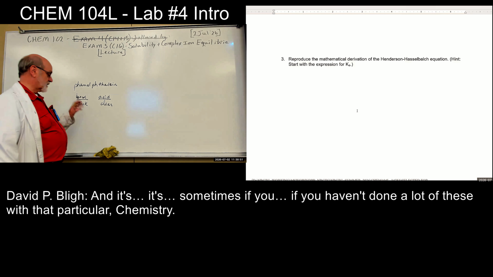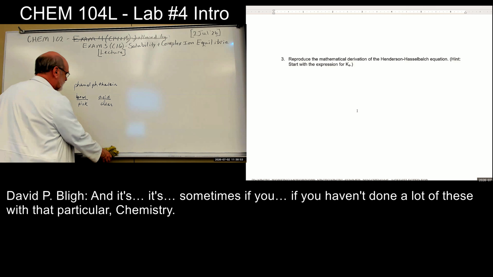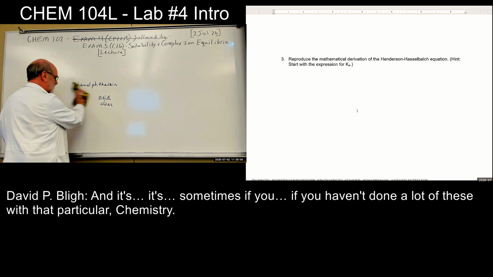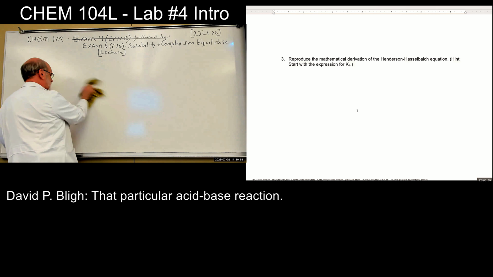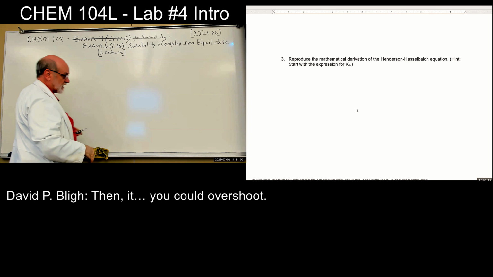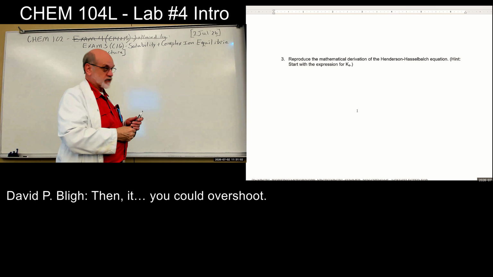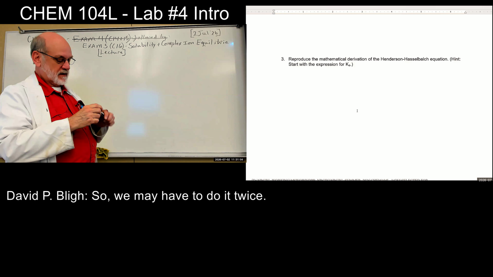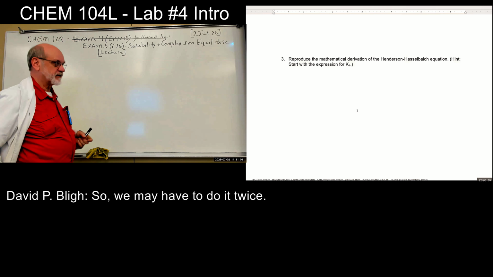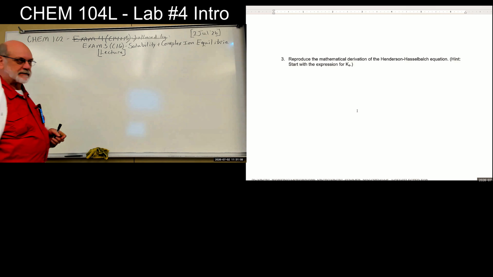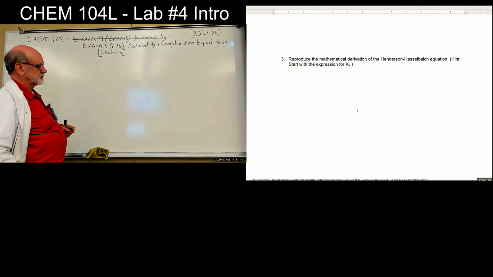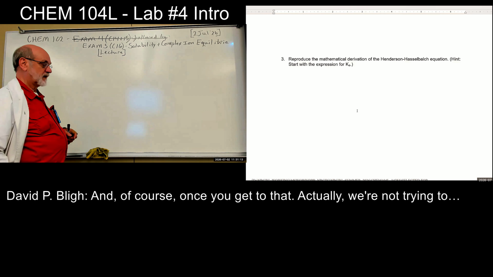If you haven't done a lot of these with that particular acid-base reaction, then you could overshoot. Right? So we may have to do it twice. But that's what you're looking for.